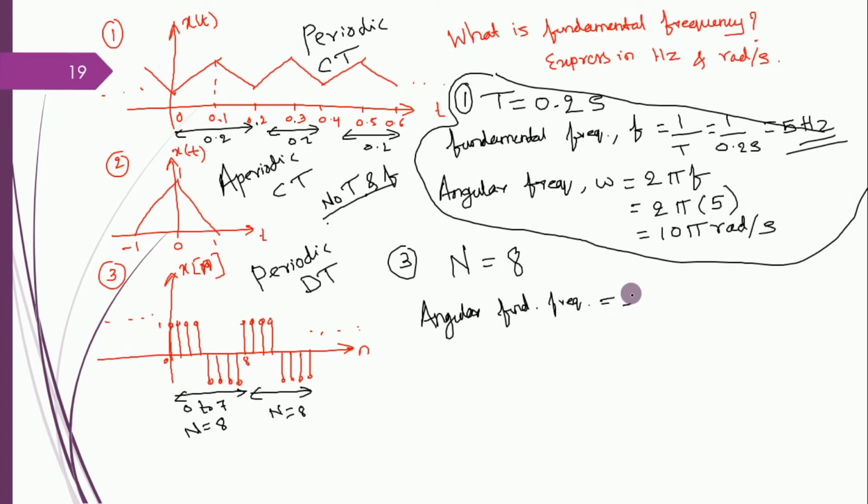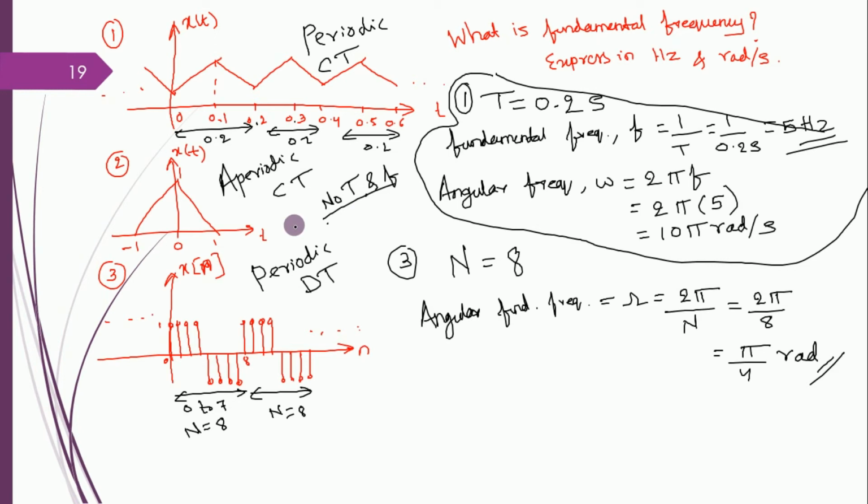This is denoted by small omega, 2 pi by N. So it gives you 2 pi by 8, so it is pi by 4. You just have to write radians. So this gives you the answer for the asked questions 1, 2 and 3.